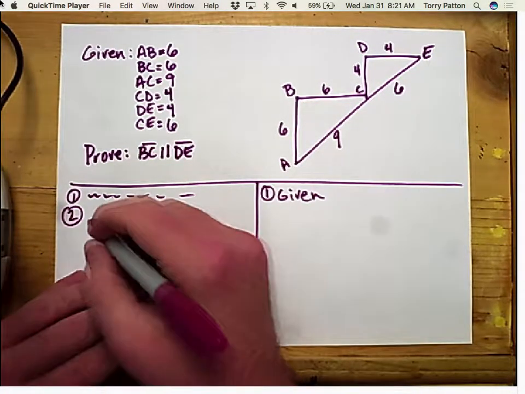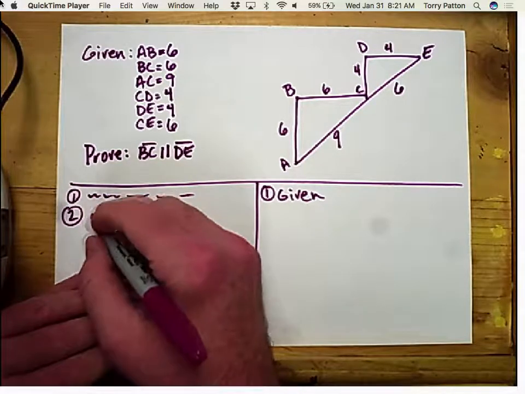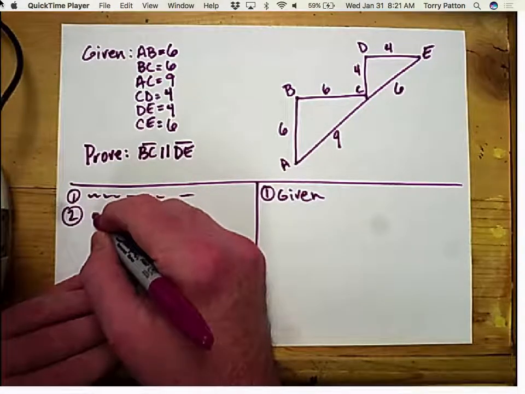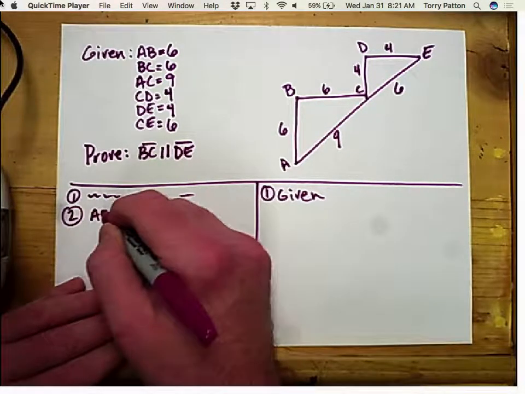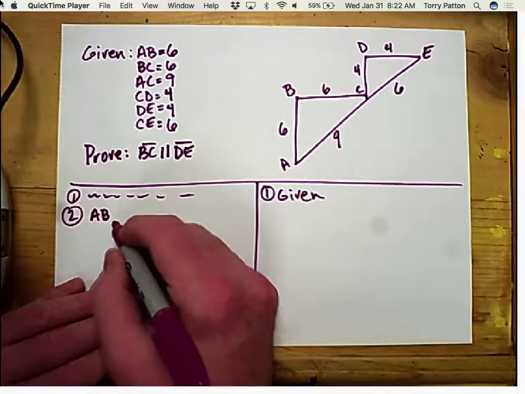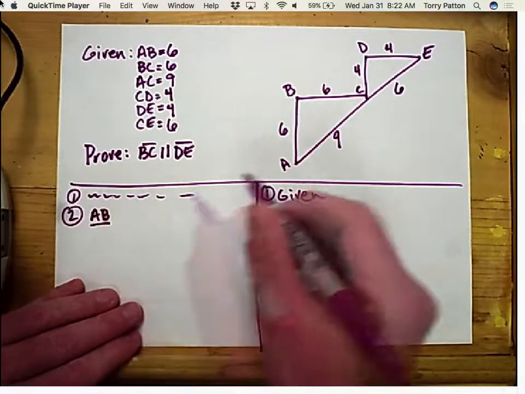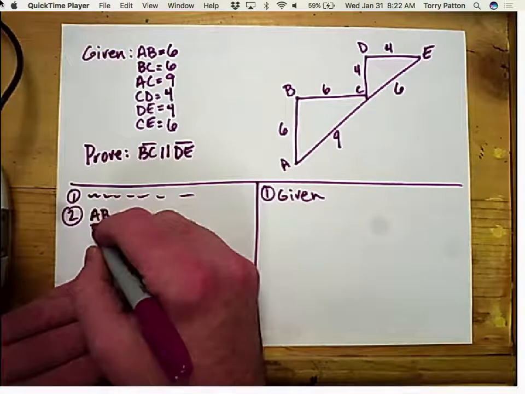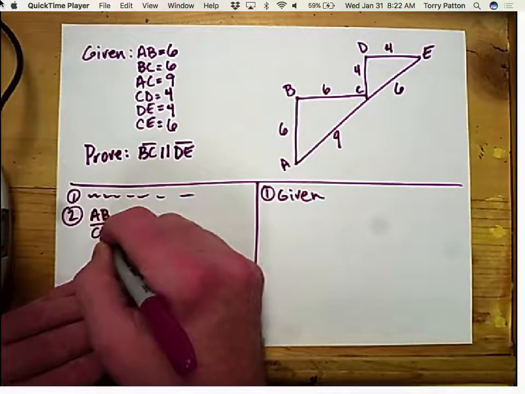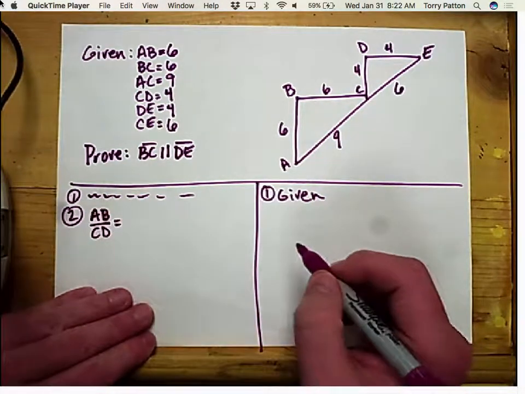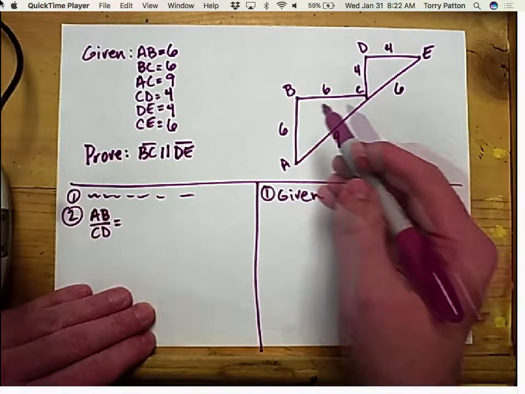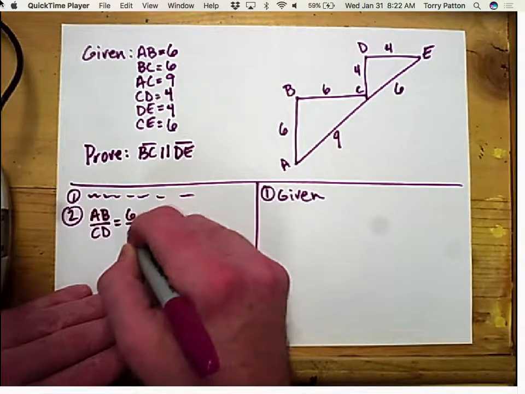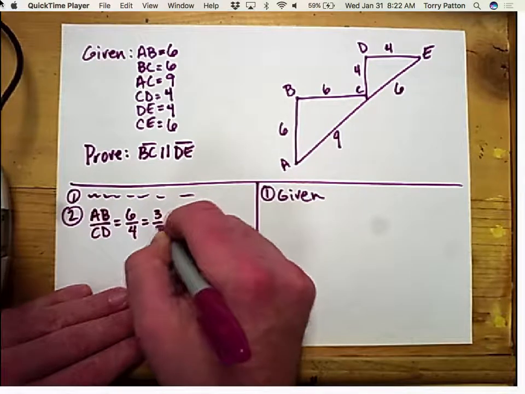So let's see. What does AB over CD equal? Well, that would be 6 over 4, which is 3/2, right?